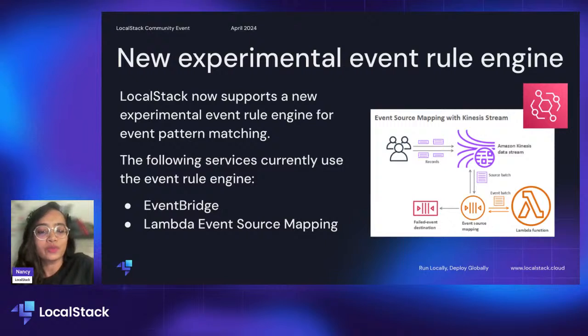One of the highlights is the new experimental event rule engine. With this, there is content filtering: you can write complex event patterns that only match events under very specific conditions. The following services currently use the event rule engine: EventBridge and Lambda event source mapping. So you can check this out.